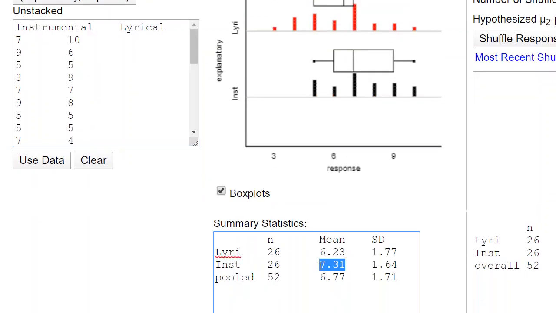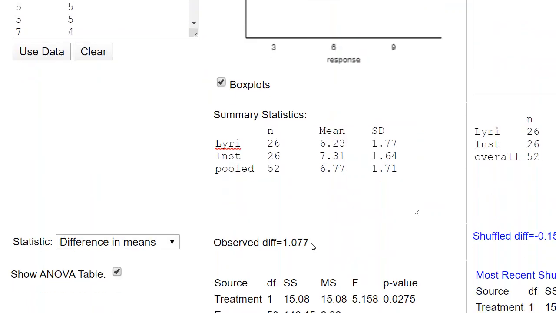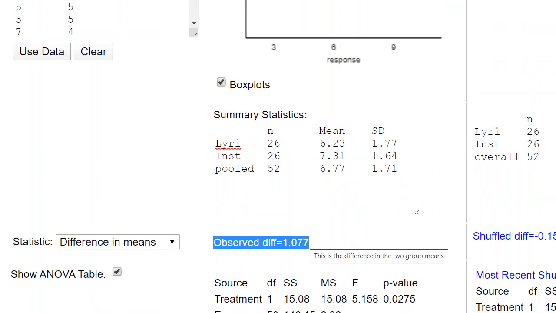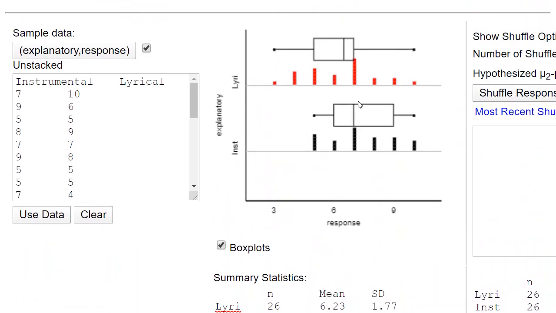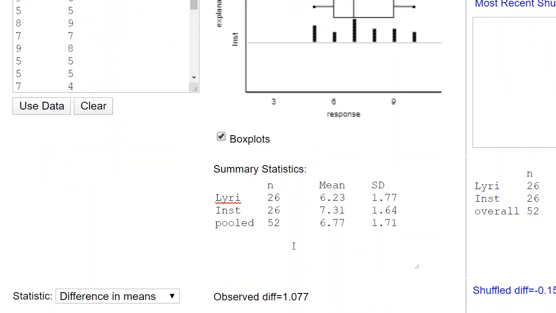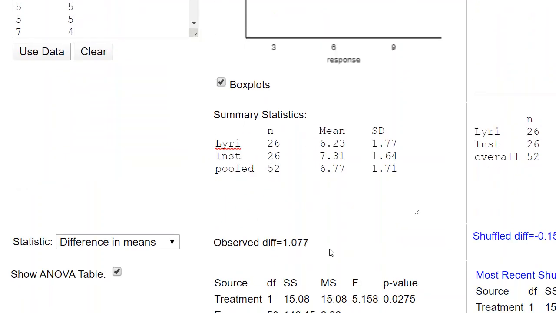It's 7.3 words memorized for instrumental music and 6.2 words for lyric music, which means that people memorized on average in the sample at least about 1 word more with instrumental music versus lyrical music. But is 1 word more statistically significant?